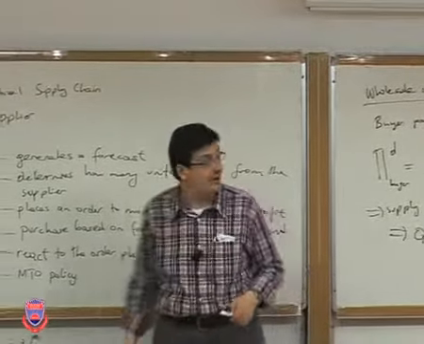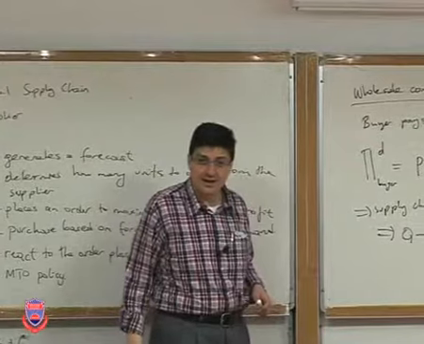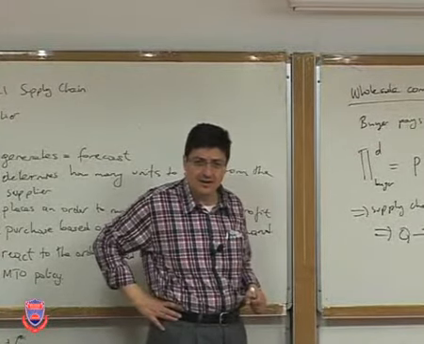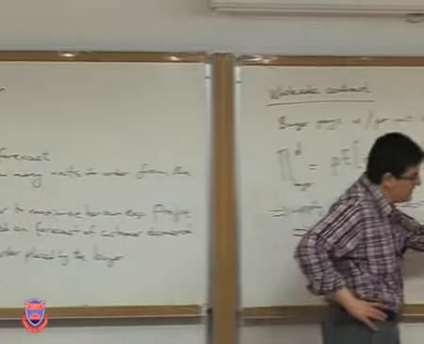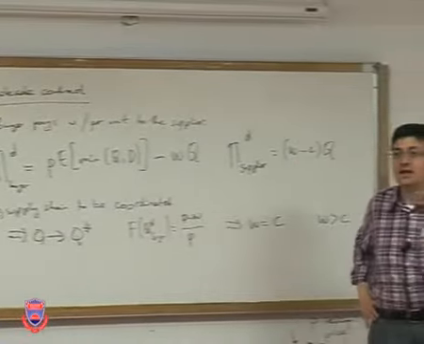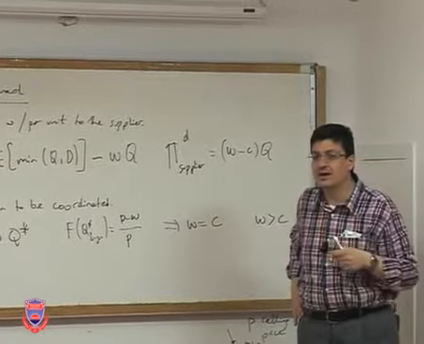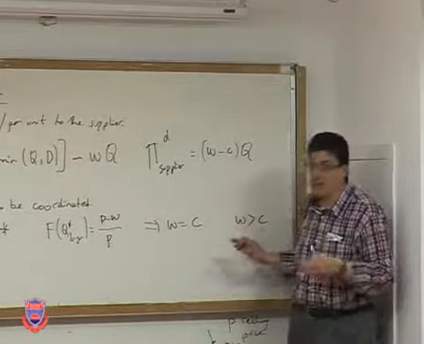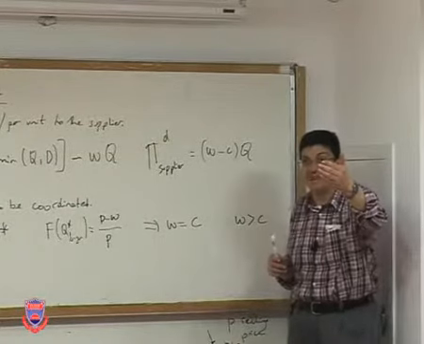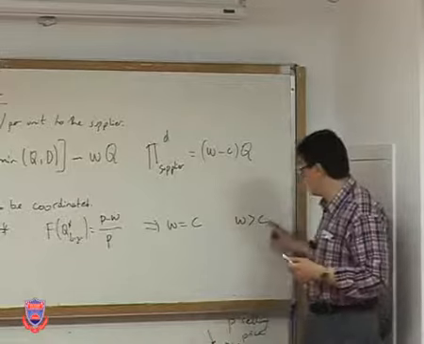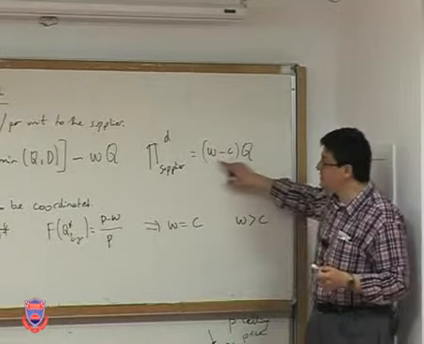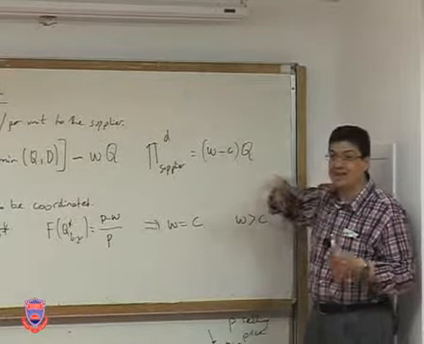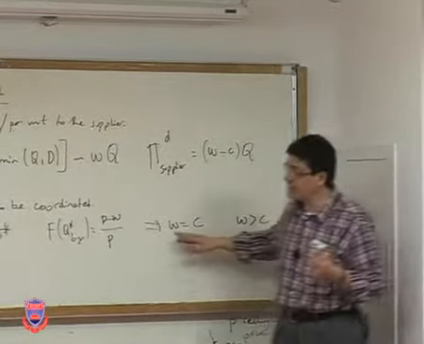Now, W in general is expected to be greater than C. Why does the buyer have to pay more than C? Well, because the buyer is buying the item from the supplier and the supplier's cost is C. Now, if the supplier agrees not to make any profit, of course, then both systems are going to look alike.